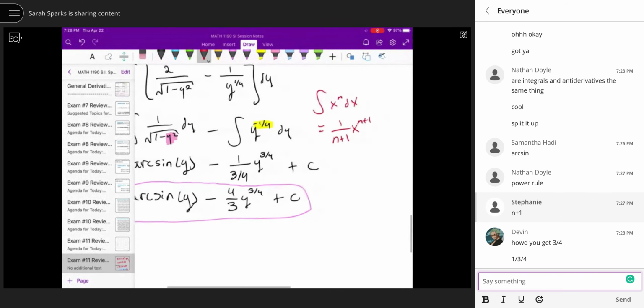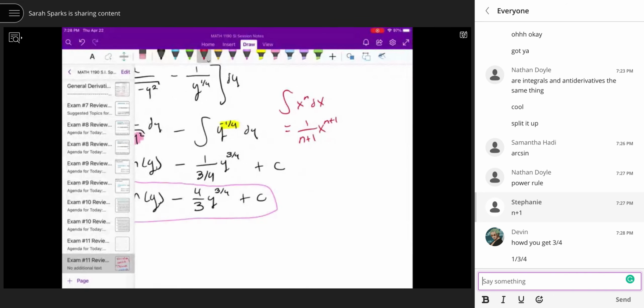So if our n is equal to negative 1/4, our n+1 is going to equal 1 minus 1/4. We can rewrite 1 as 4 over 4. So we have 4 over 4 minus 1/4. And then that gives us our 3/4. And then we have to divide this number by 1 because of that rule up there. So that's how we end up with that 1 divided by 3/4.